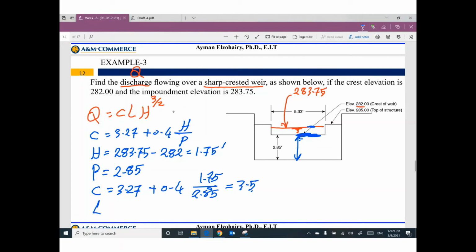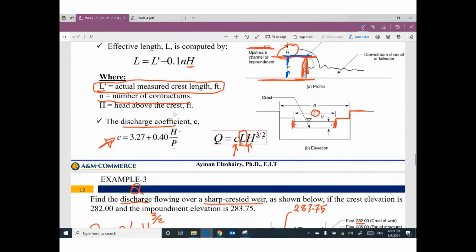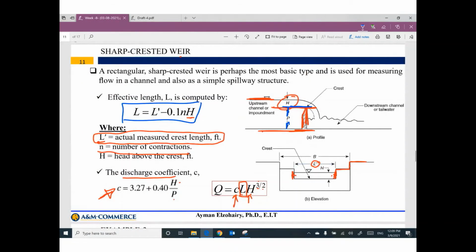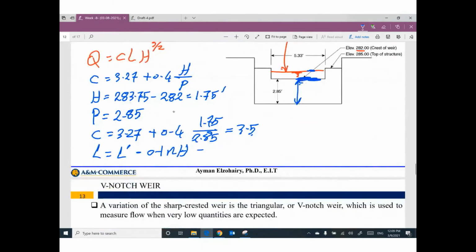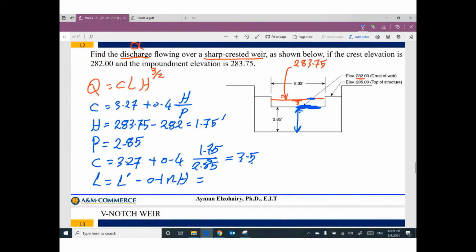What is the value of L? L equals L prime minus 0.1 N H. That's right. What is the actual width of this weir? It is given here, 5.33 minus 0.1. How many contractions?